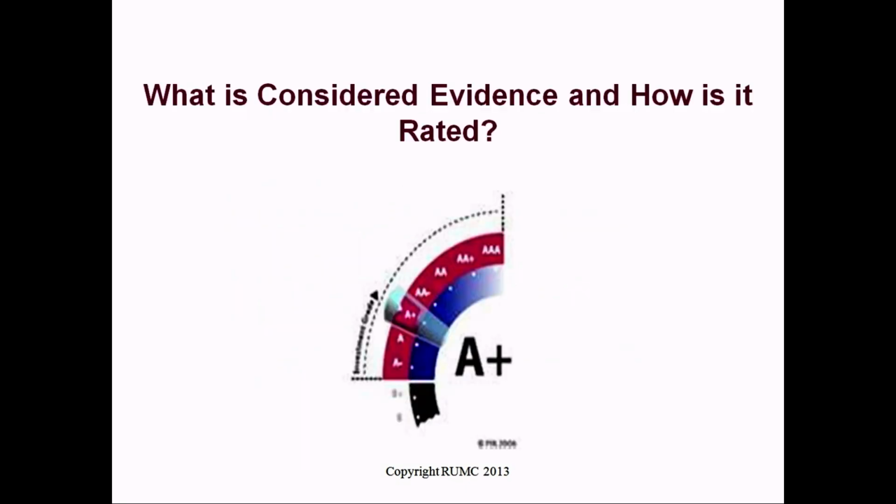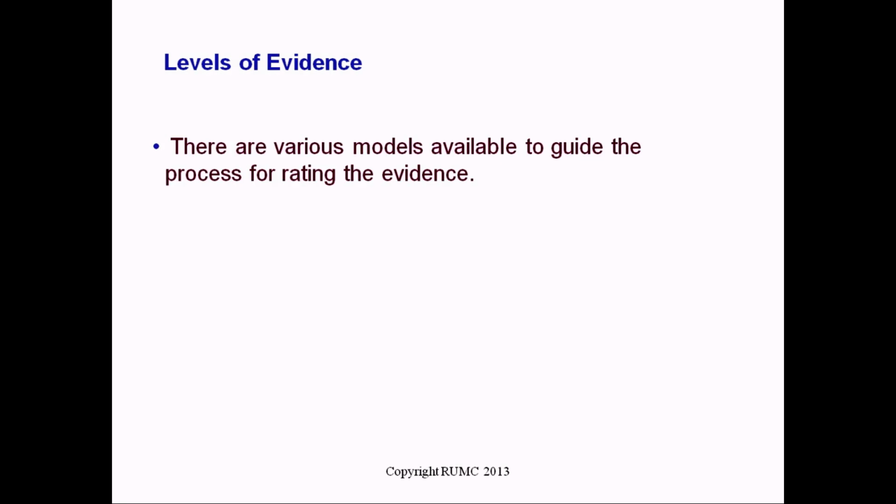So what is considered evidence, and how do we rate it? As we've said all along, the goal of evidence-based practice is really to use the highest quality of knowledge when we are providing care. And there's a number of models available to guide the process for rating evidence, because we want to look at the stronger evidence to use for our patient care decisions.